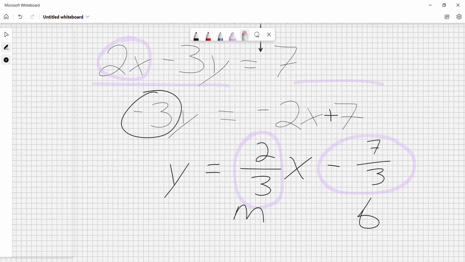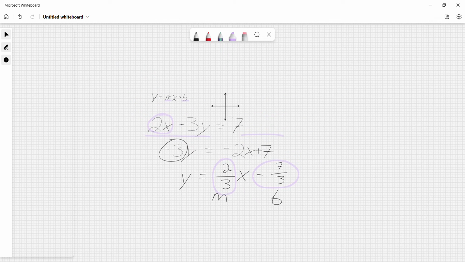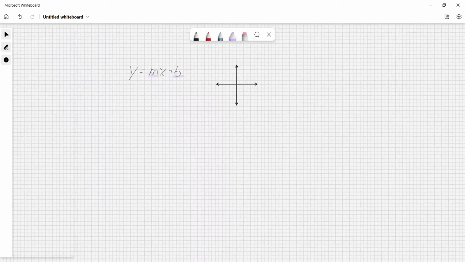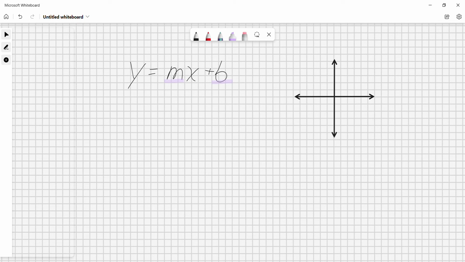Because we know how slope-intercept form works and what it represents, hopefully this makes sense. Okay, I'm going to erase this. This is our format right here, y equals mx plus b.